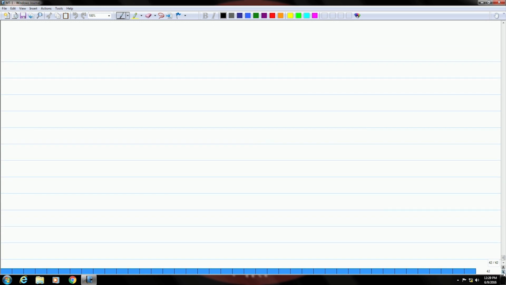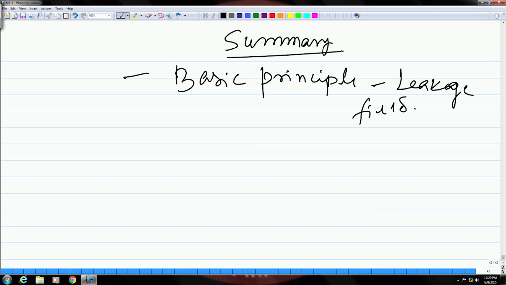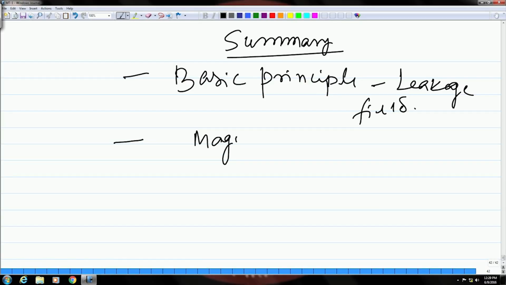So, we learned the basic principle of this particular technique. And we saw that it is due to the leakage field at a discontinuity. So, we learned about that. And then we talked about different methods of magnetizing the part.